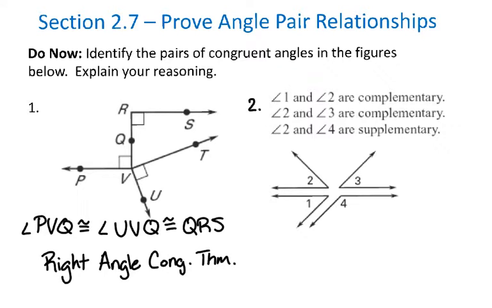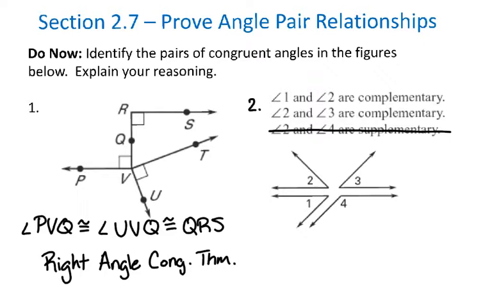The next one, very similar to what we had in the last video: angles 1 and 2 are complementary, 2 and 3 are complementary, and 2 and 4 are supplementary. I'm going to mark this one out because that's just a bit too much information.